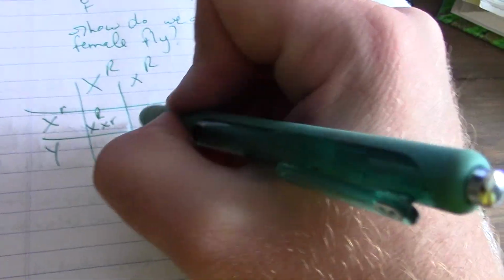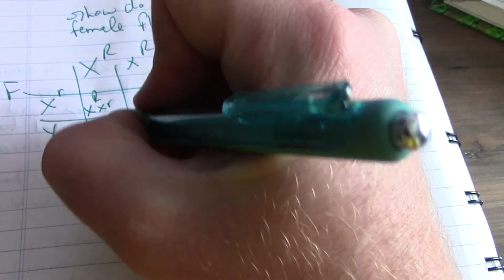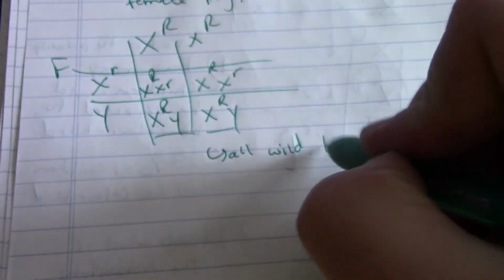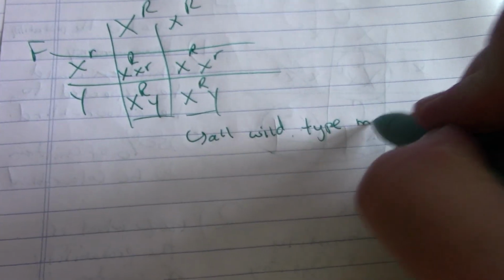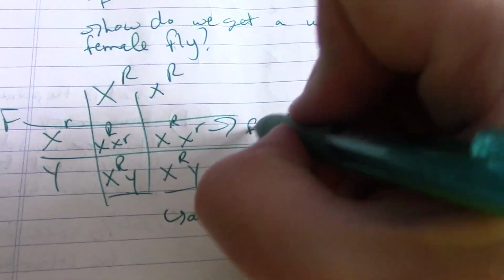So with this breeding pair, the question is asking, how do you get white female flies? All right, so this is your F1. Okay, so with the wild type female, you get all wild type males. And then you get female carriers.